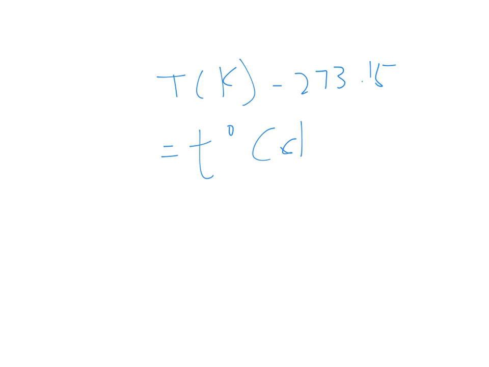Meaning to say, if you take the temperature in Kelvin and you minus off 273.15, which is how much you shifted the zero in the first place, you're going to get the temperature in degrees Celsius. When you do it this way, you'll notice that your temperature values will be similar to the centigrade values. Therefore, the symbol that we are often very familiar with is also degree C.